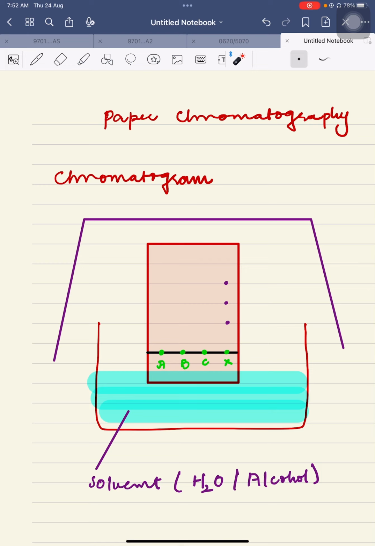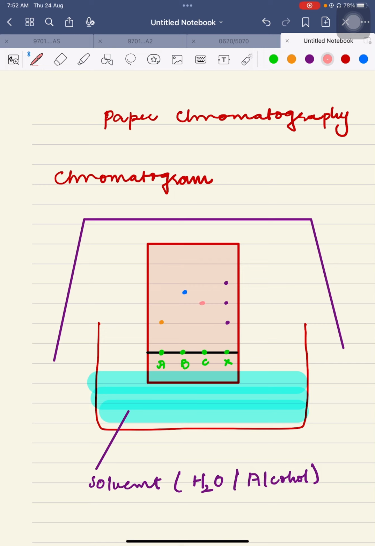For example, I am marking with different colors. A is converted into one spot. A is here. For this, I am taking another color. B is converted into this spot, whereas C is converted into this spot.